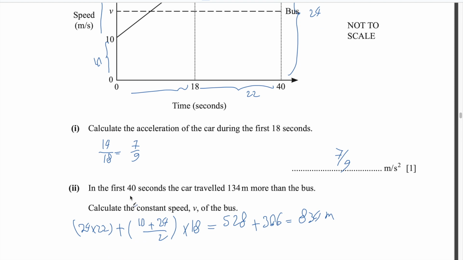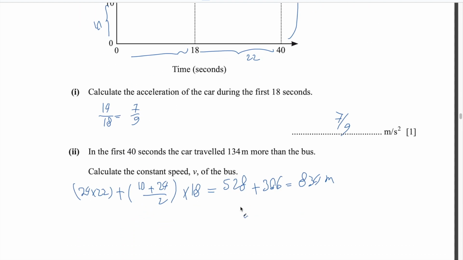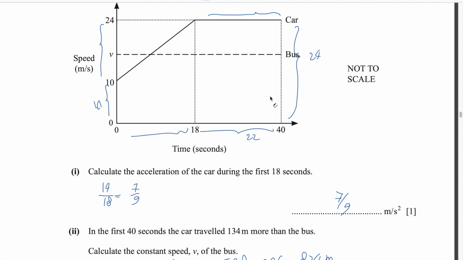It says in the first 40 seconds the car traveled 134 meters more than the bus. So for the bus, it will become 834 minus 134 because the bus is less, 134 meters less, so it will be 700. So it means that the area for the bus graph should become 700.